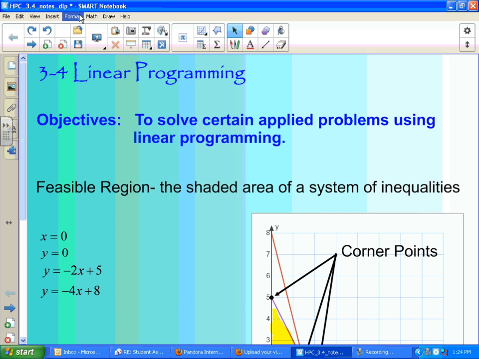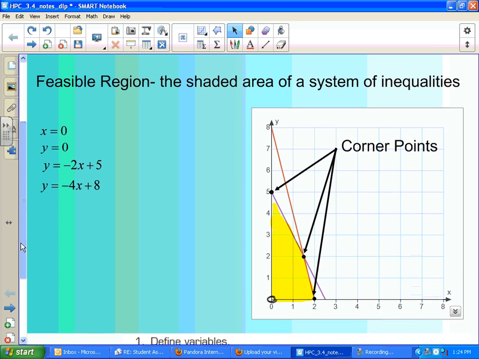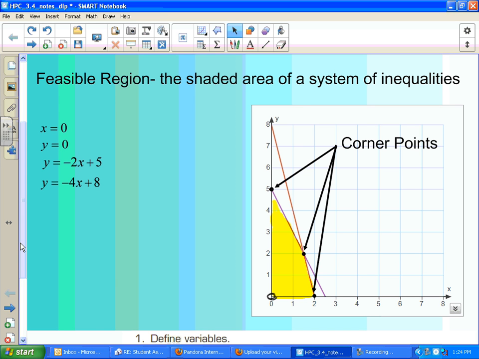One of them would be this thing called the feasible region. When we're talking about all these inequality systems that we graph, and then we find where they have a common shaded area, that shaded area, and this type of problem, it's called linear programming because we're going to be graphing linear inequalities.